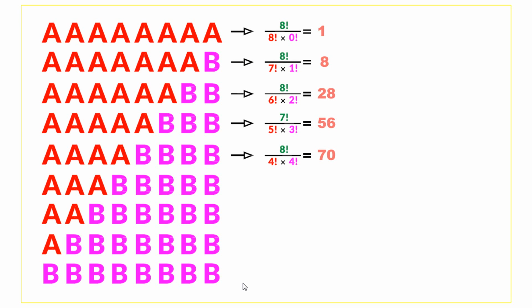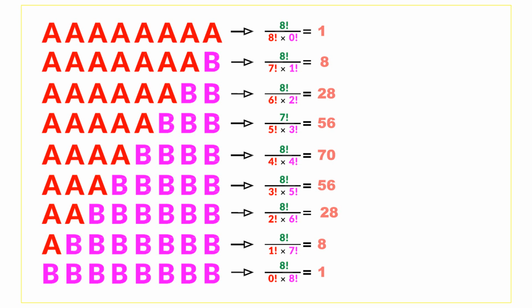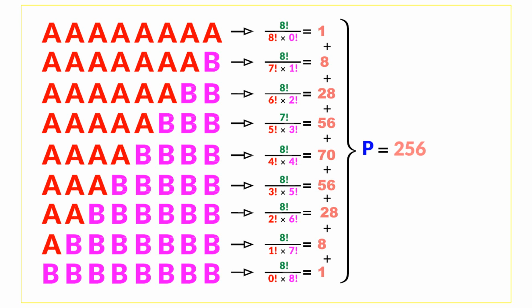So now we are going to write the corresponding permutation for the first word and the second and the third and so on. And now we add them together and we get the total number of permutation 256, and this is equal to 2 to the power of 8, and 8 is the size of the generated sequence.